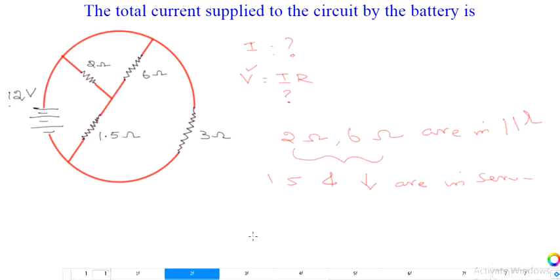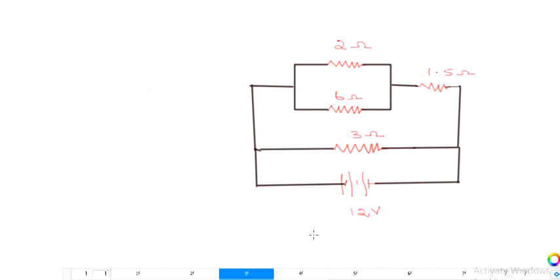I have already drawn the circuit to avoid more time, because if I draw, then it will take time. Here, this 2 ohm and 6 ohm are in parallel, as I told you.